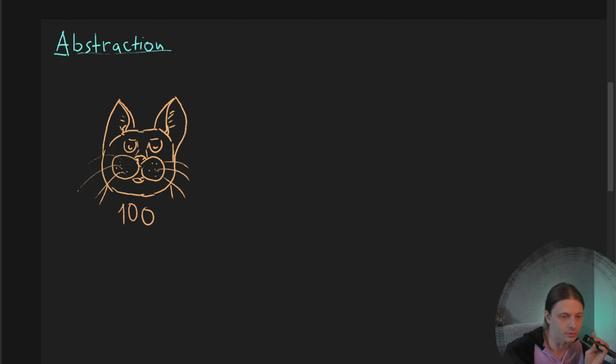So let's try to visualize our new animal. I may use maybe this pinkish color to visualize this animal.